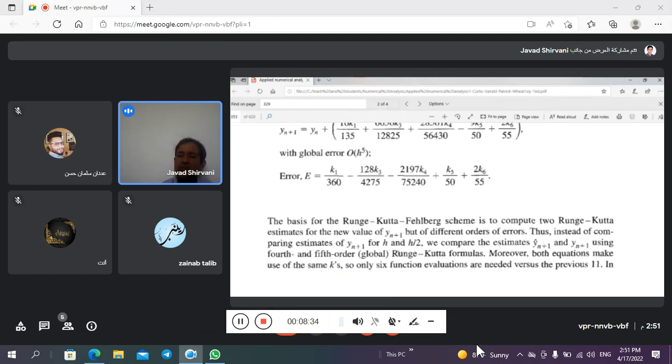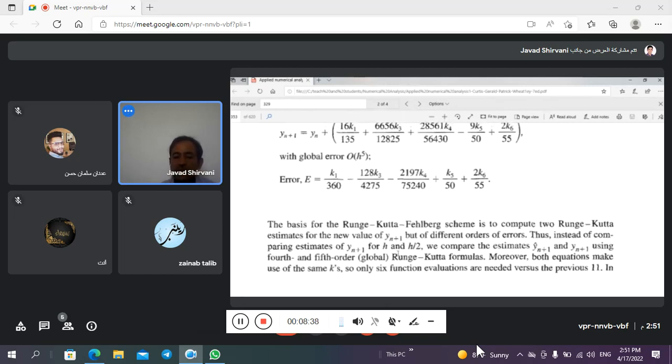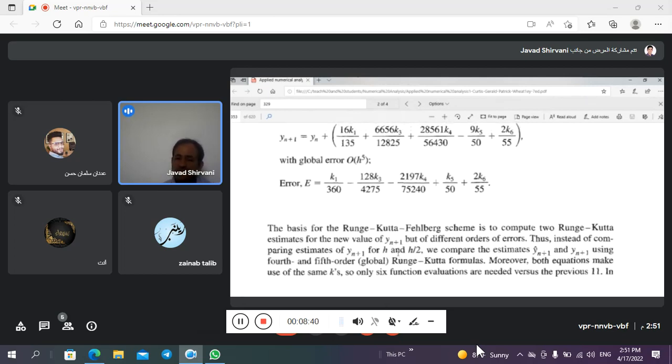Both equations, as I mentioned, use the same k's, but the last one uses one k in addition, for example, k6.